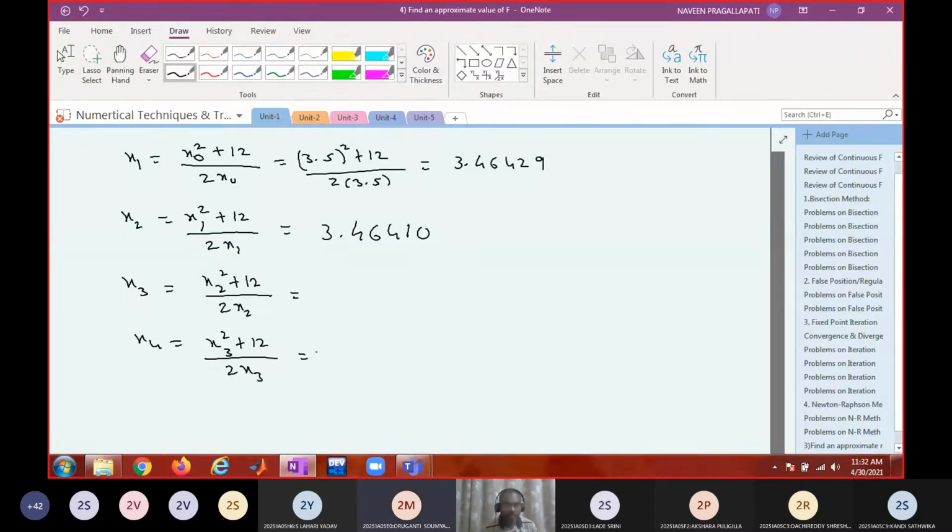We're getting the same for x3. 3.46410. Okay. So therefore, an approximate value.